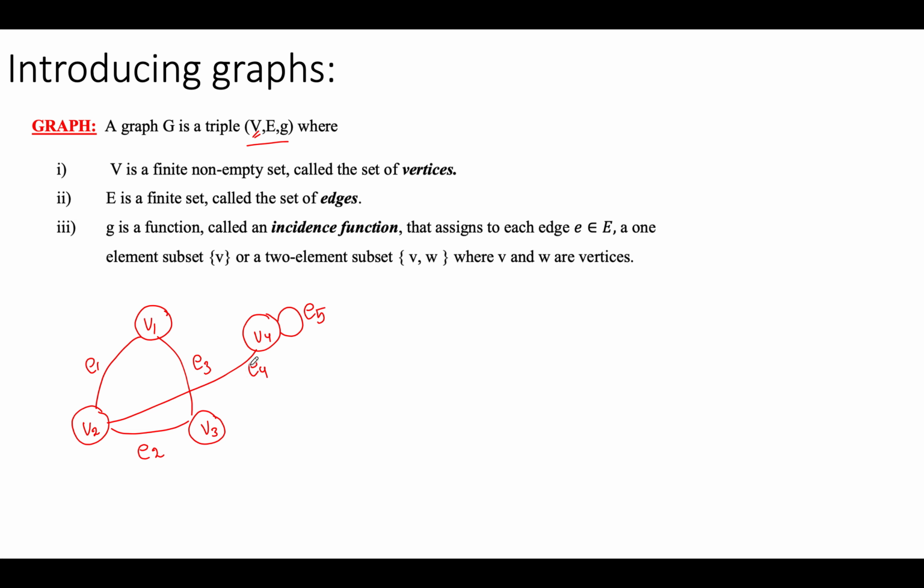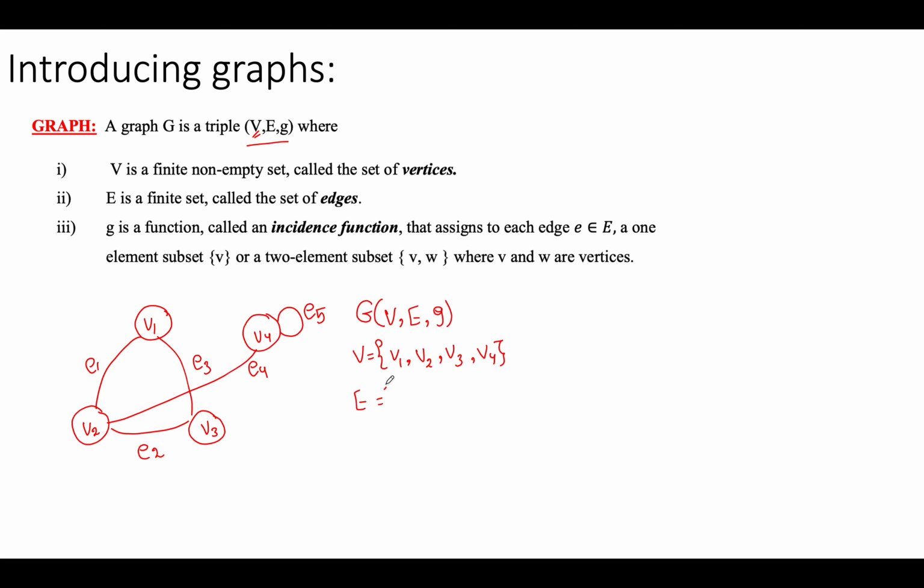All right. Now, if we want to express the following graph, we can use the triple here. So we can say that this graph consists of vertices, edges, and an incidence function. Vertices of this graph are V1, V2, V3, V4.